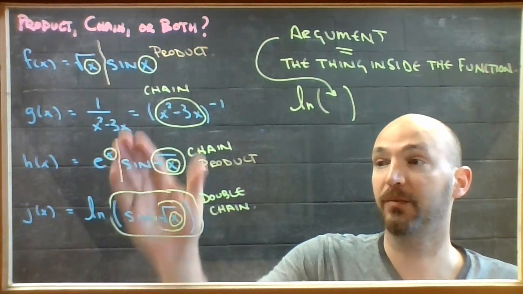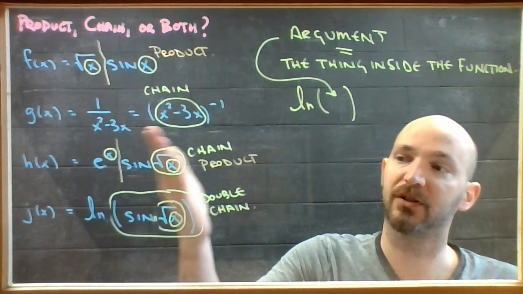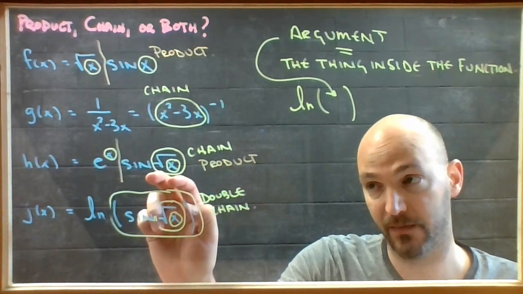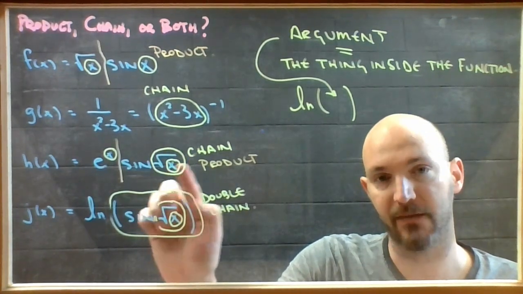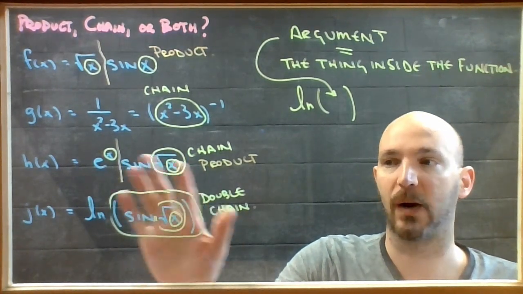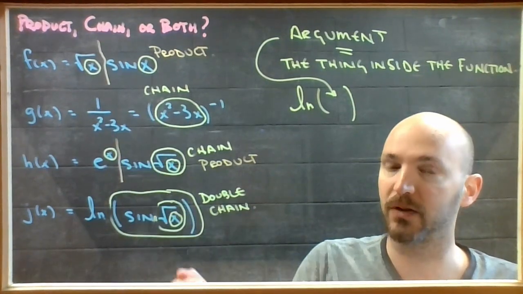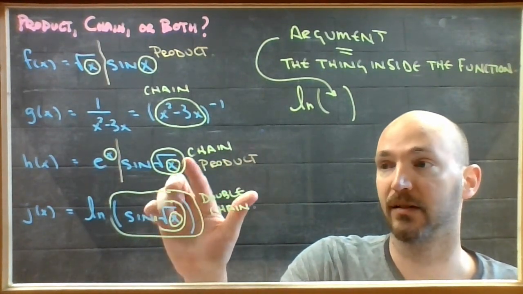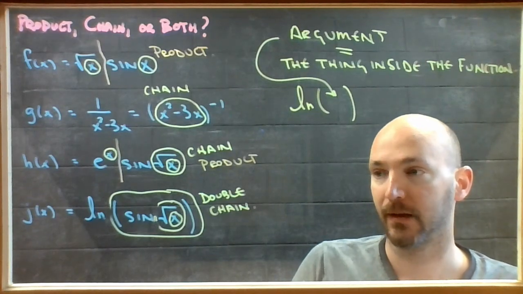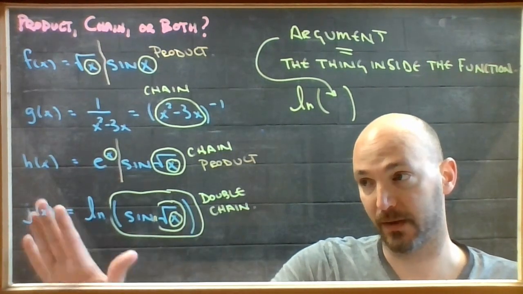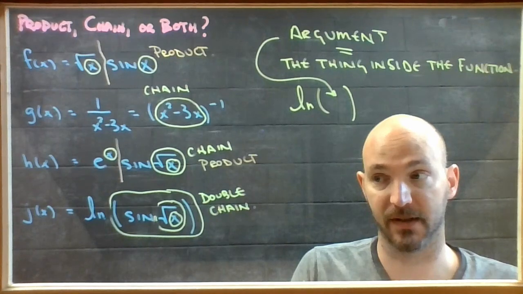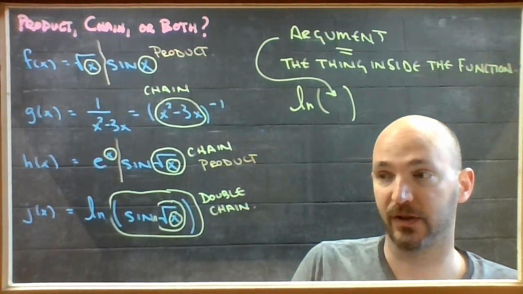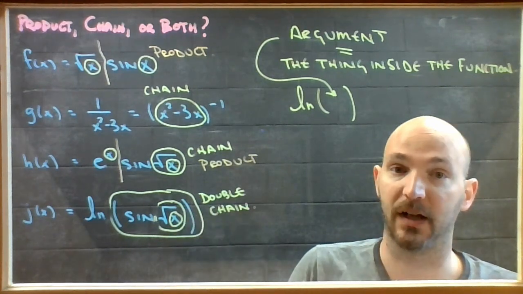This function could be separated into a complete function multiplied by a complete function, and this half, this complete function over here, happened to have a complicated argument. So I will need product rule because of the multiplication, as well as chain rule because of the nested argument here. In the final one, there is no multiplication of any kind, so product rule does not apply, and I have a two-layer function in the argument, so I'm going to have to apply chain rule twice.